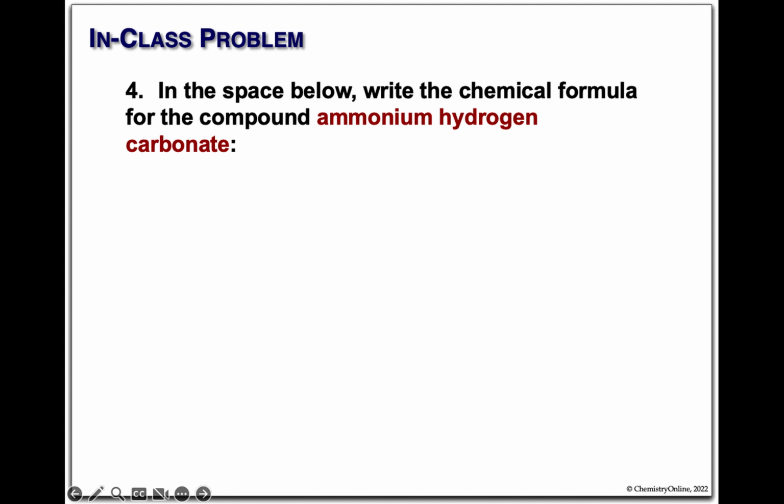Ammonium hydrogen carbonate. All right, we remember ammonium because ammonium is our only cationic polyatomic. It has 1 nitrogen, 4 hydrogens, and a plus charge. Carbonate, parent of the carbon family, has a -2 charge, and it's CO3. Now, the carbon is in the middle. We have 3 oxygens around it and 2 negative charges.